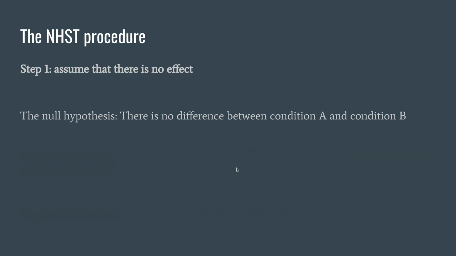So step 1, if we were to use that A/B testing example, what we mean by assuming that there's no effect is that we're assuming there is no difference between condition A and condition B. So the A/B testing that we looked at, having red component, blue component, that doesn't make any difference.